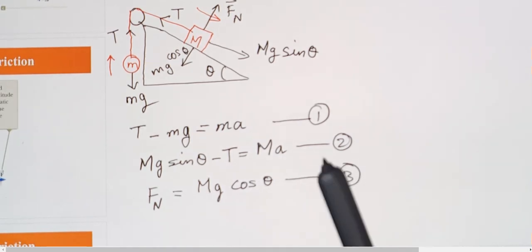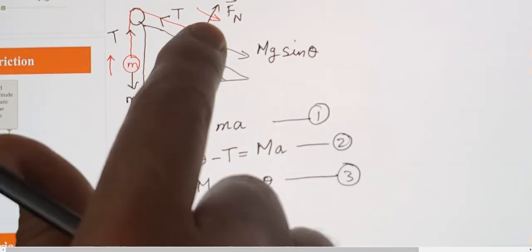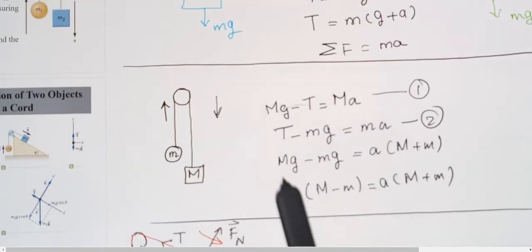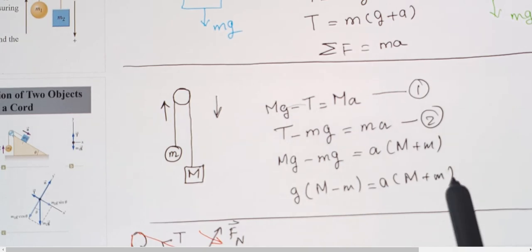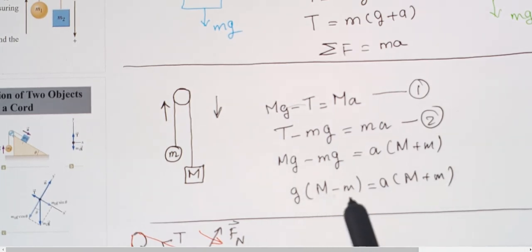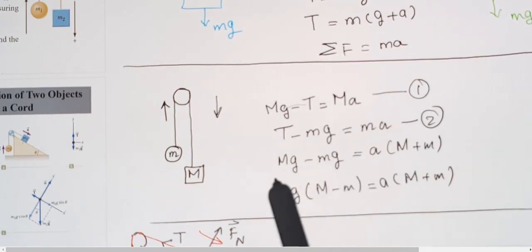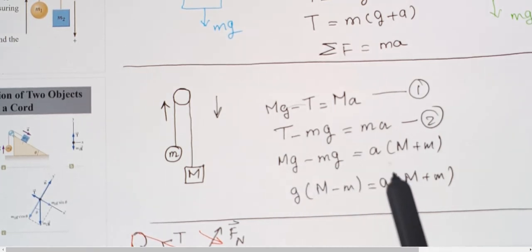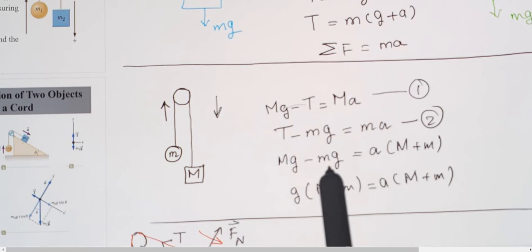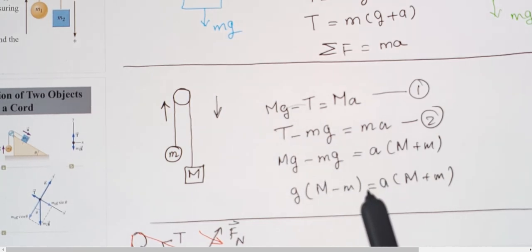Also here, in these equations, if you find acceleration is negative, that means you just flip the directions. No friction, so it's very simple.